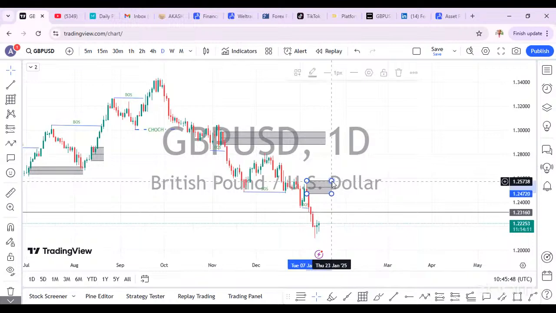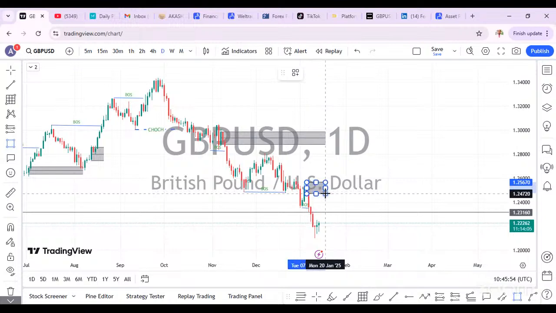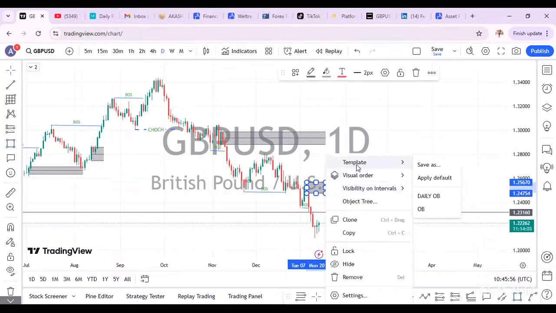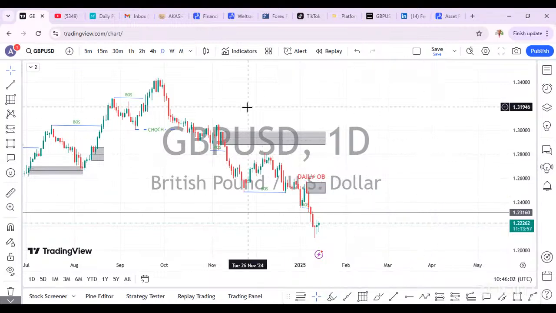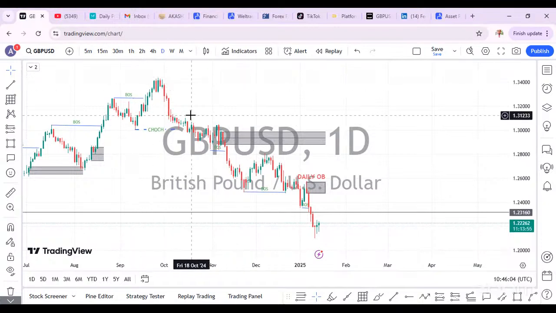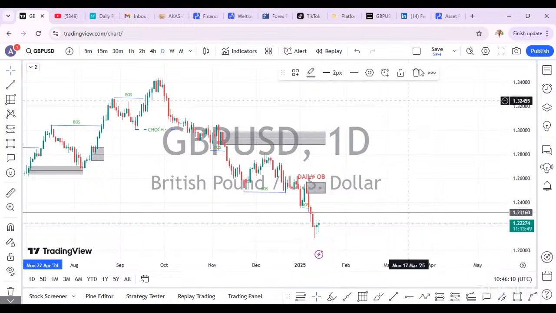So now let me use this. So I can title this one as a daily order block. So we are seeing that on daily time frame, we are bearish.